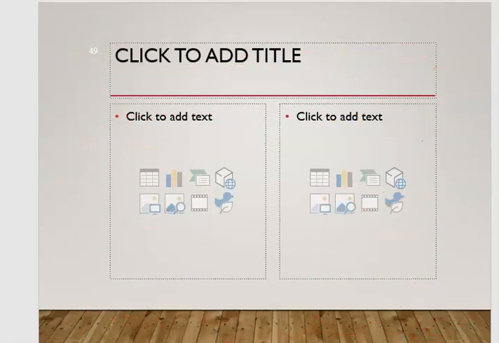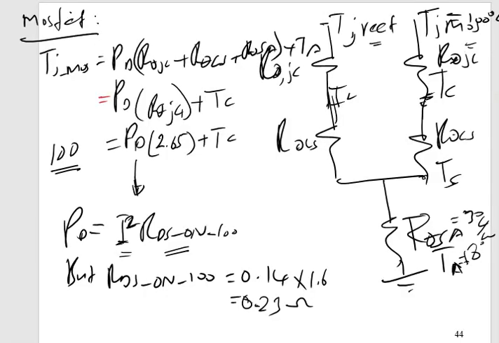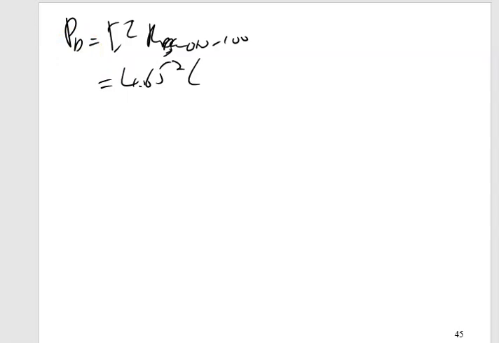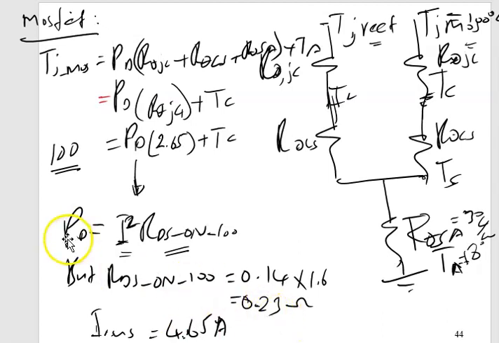So IRMS is equal to 4.65 ampere. Your PD will become I squared times RDS on at 100 degrees C, which is 4.65 squared times RDS on, which is just now 0.23 ohm.